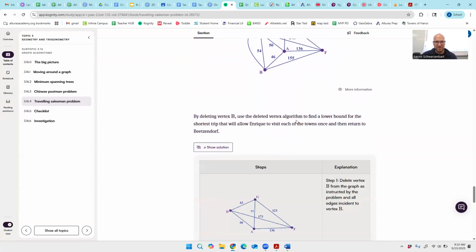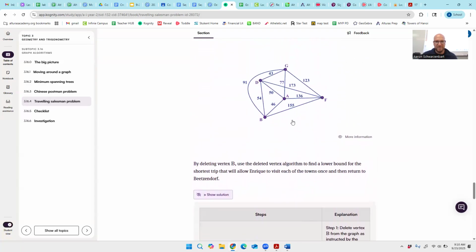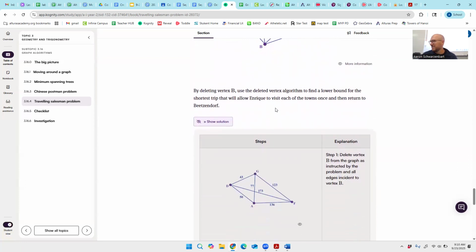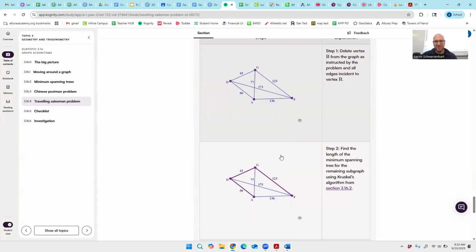Okay, so looking at this, they deleted vertex B. It's gone. We're going to then add 46 and 54 to my results at the end. This will be the lowest possible bound. The minimum spanning tree is going from one to all the others.